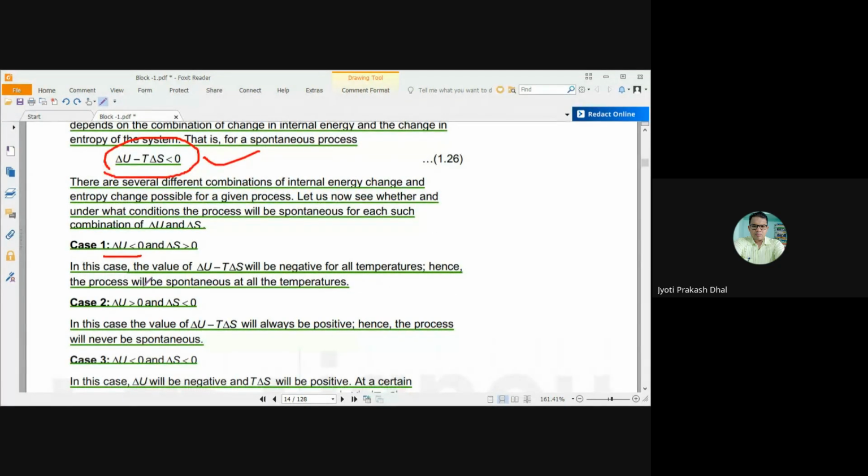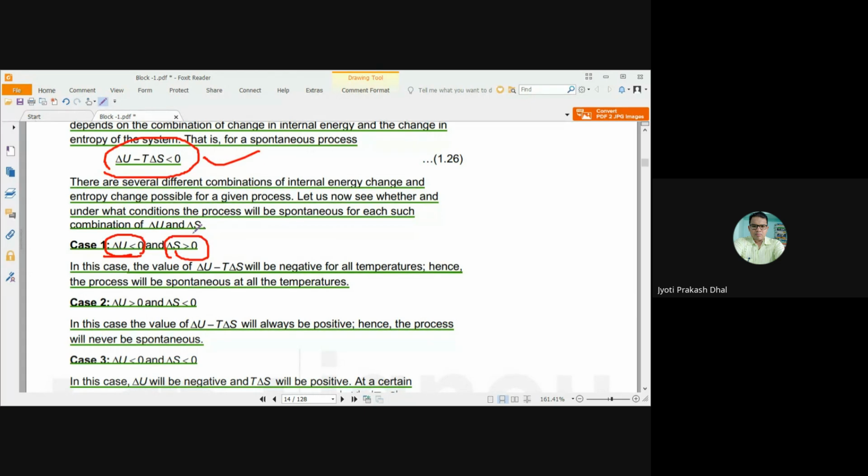So this one is case 1. In case 1, del U is less than 0 and del S is greater than 0. Del U less than 0 means change in internal energy is less than 0, that is, internal energy will decrease. And del S greater than 0 means entropy will increase.